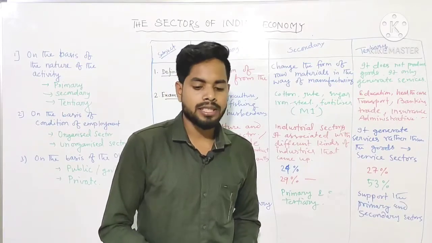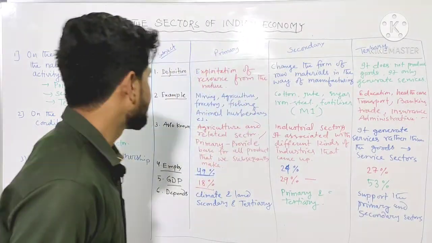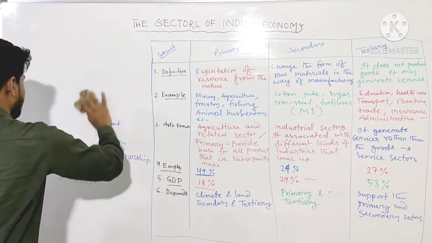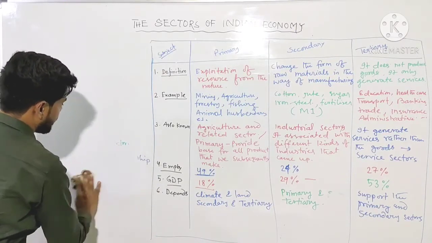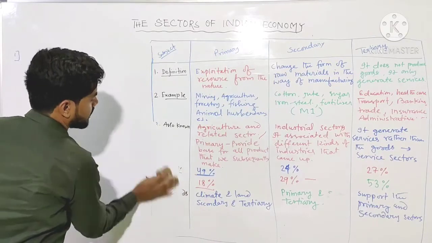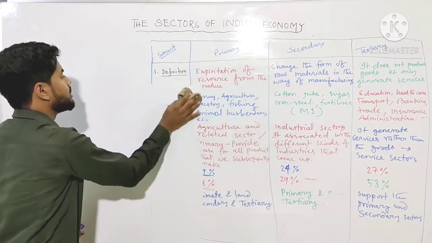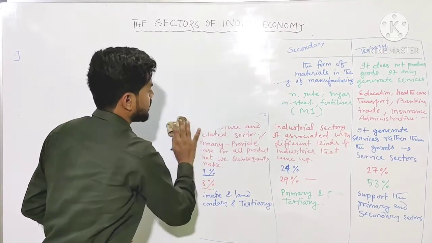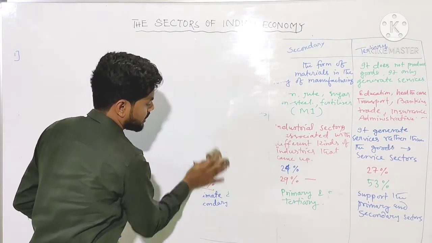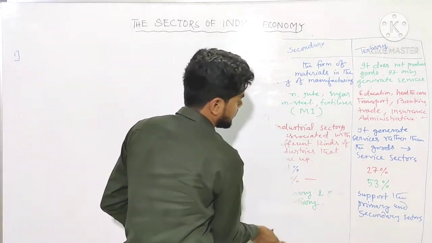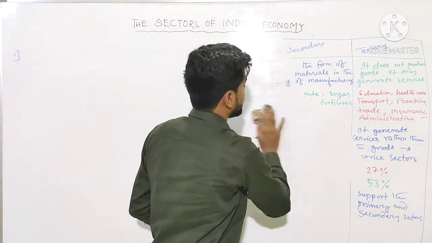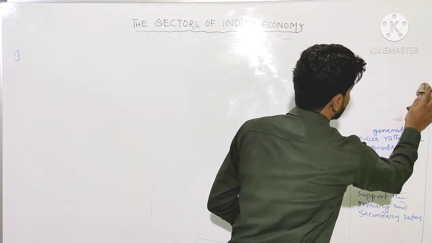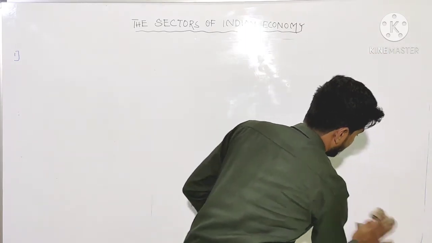Next we discuss some points. First of all, what are final goods, what are intermediate goods, what is raw material, what is GDP, and who calculates the GDP. First, what are final goods?